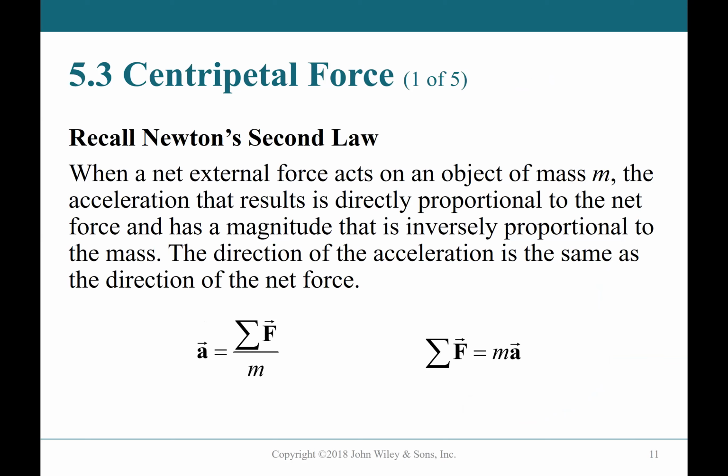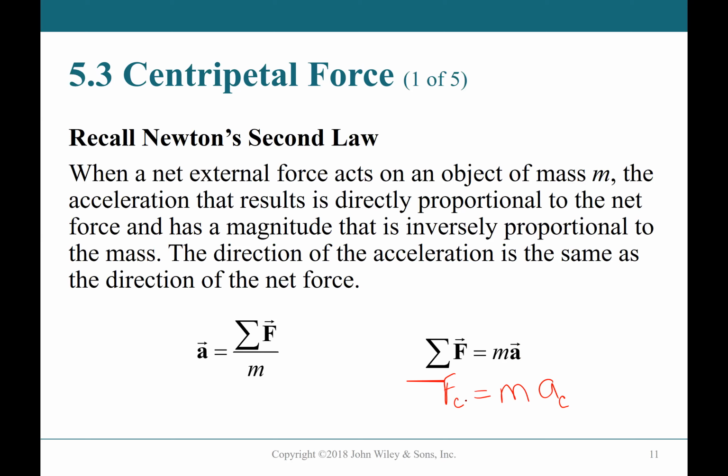Okay, so recall Newton's second law. Newton's second law, we said, was the force is proportional to the acceleration and inversely proportional to the mass, or we wrote it linearly as F equals ma. So that means then the centripetal force of an object, we call that F sub c, is simply going to be the mass times the centripetal acceleration.